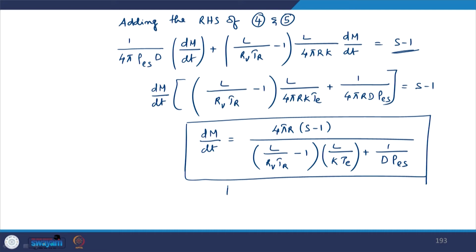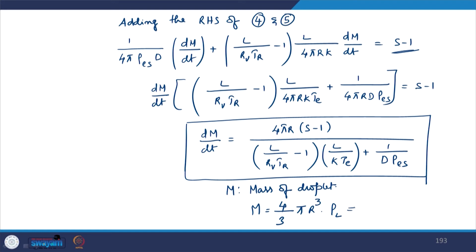So, what is M? M is the mass of the droplet, right. So, M can be written as 4 by 3 pi R cube times the density of the liquid. Mass is density times volume. So, this is the volume of the droplet, mass of the droplet, and the density, which is of course the density of the liquid, right.